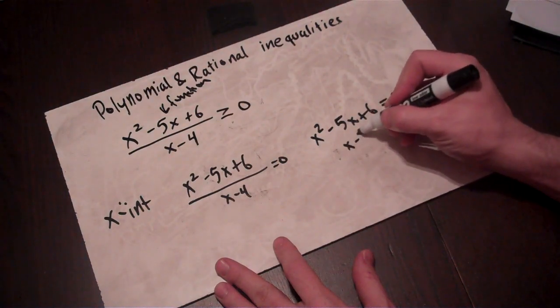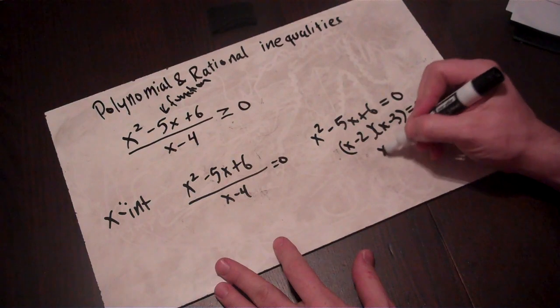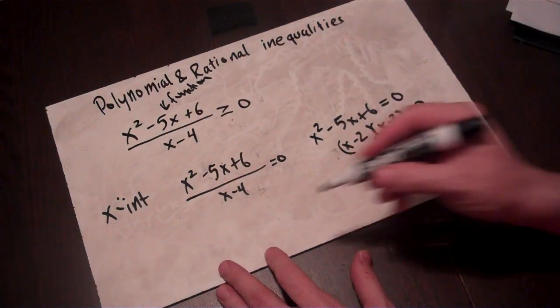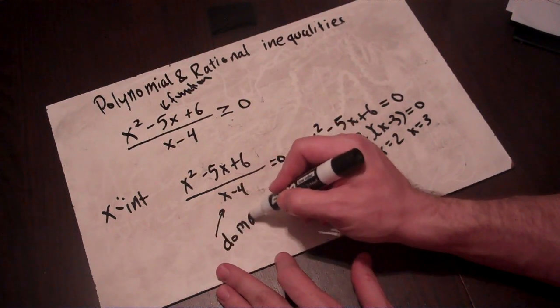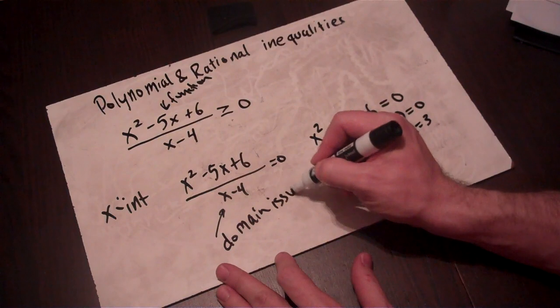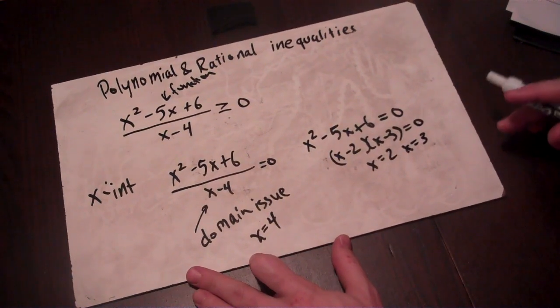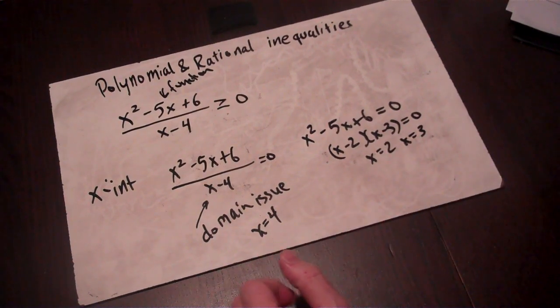And we can factor this into (x minus 2)(x minus 3). When is this equal to 0? That's when x is equal to 2 and x is equal to 3. And then here we have a domain issue when x is equal to 4, because you're not allowed to divide by 0. So in other words, 2, 3, and 4 are our possible endpoints.